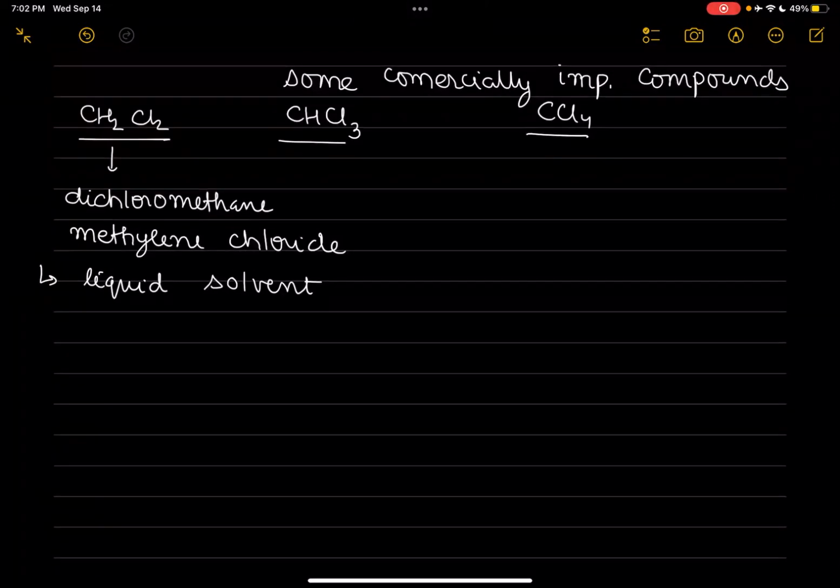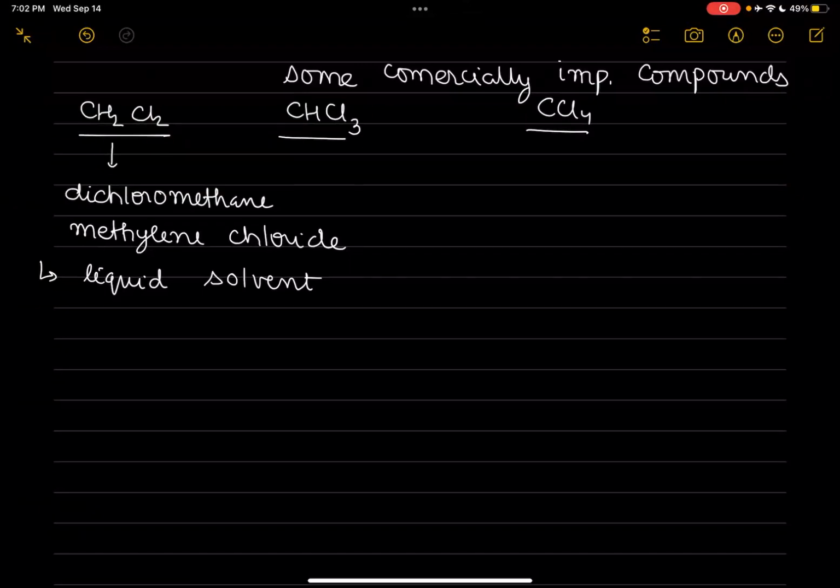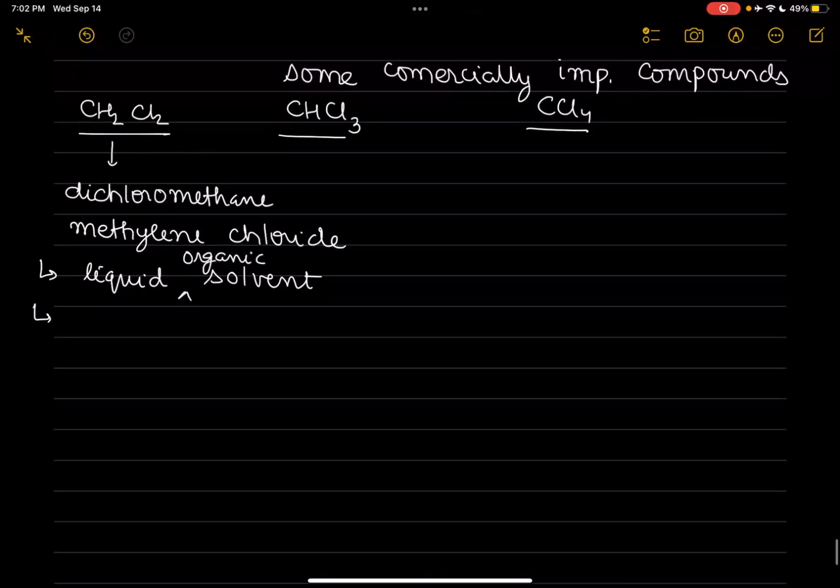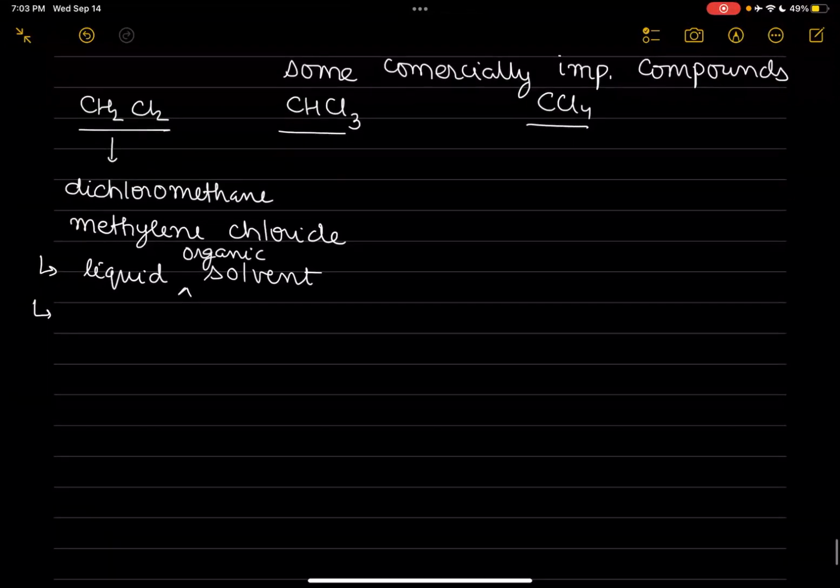So that is an important liquid organic solvent. It is used to carry out many chemical reactions, and it is mostly used for dissolution of organic compounds.